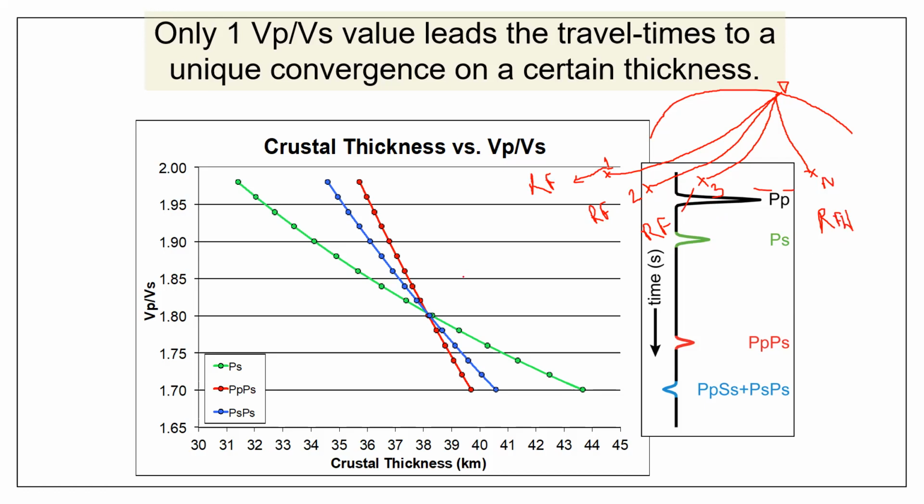When you plot these receiver functions together, let's suppose your first receiver function is something like this, your second receiver function may be something like this, the third one maybe like this, and likewise you have many more receiver functions.